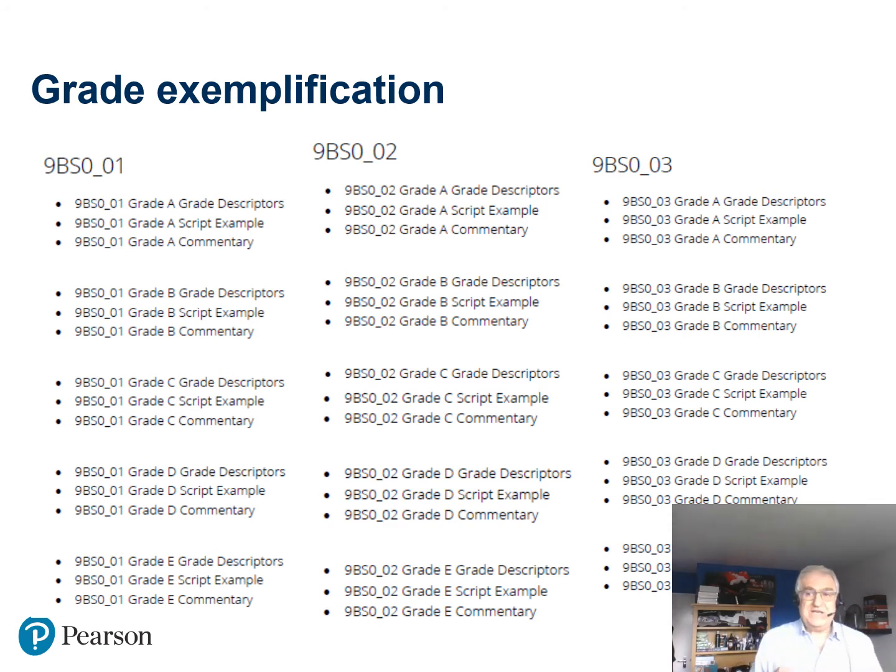So the idea is that if you want to get a feel for what a grade A answer looks like, you have a grade A answer, and you have some examiner's commentary as to why it's a grade A answer. And then that's repeated through the grades.